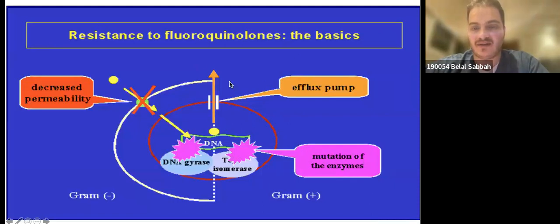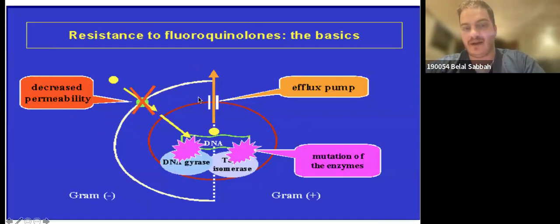So the ways you can have resistance: mutation of the enzymes. Obviously, if the enzyme is mutated, the drug won't be able to bind to the enzyme, okay? Another way, if the bacteria doesn't let the drug come in, that's a mutation. Can't let it come in, that's one way to get resistance.